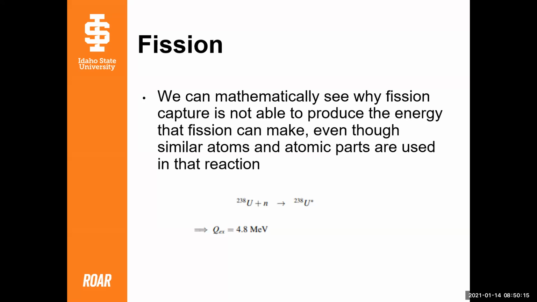So it would be our Z times the mass of a proton and the mass of an electron plus A minus Z times the mass of a neutron plus the mass of a neutron minus the mass of uranium-238 times our C squared, that 931.5 over 238 plus 1 neutron. There's an extra neutron in there now, right?